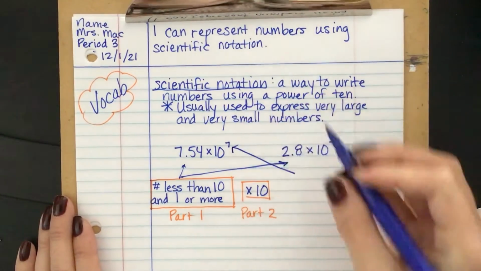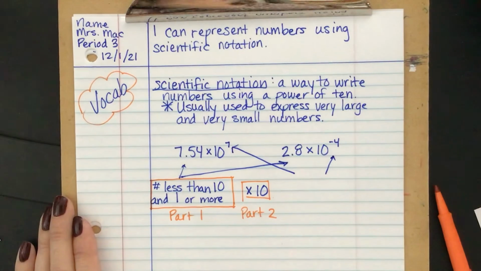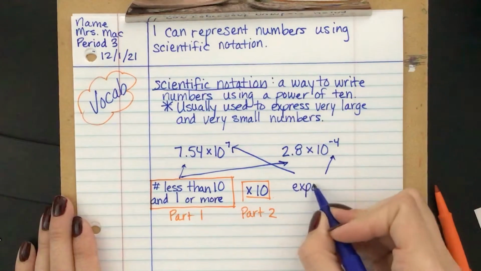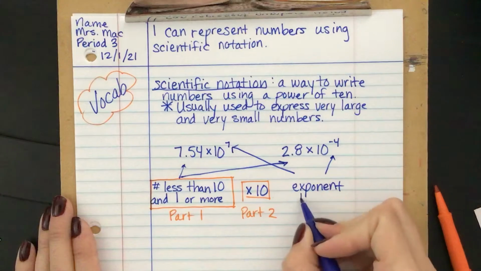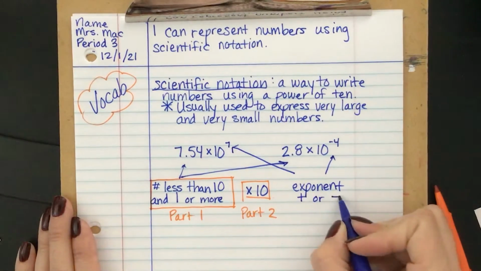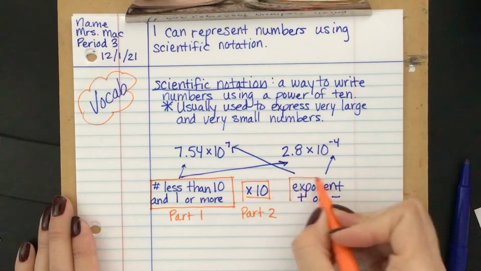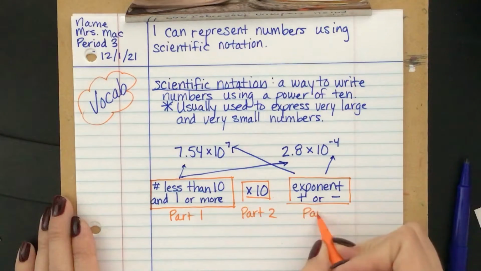So you have an exponent here, and the exponent can either be positive or negative. So this is part 3.